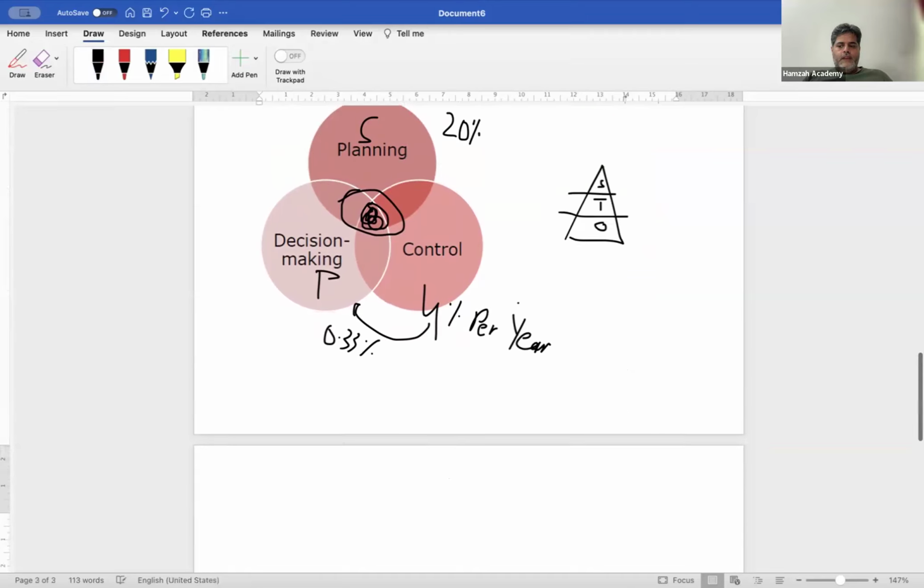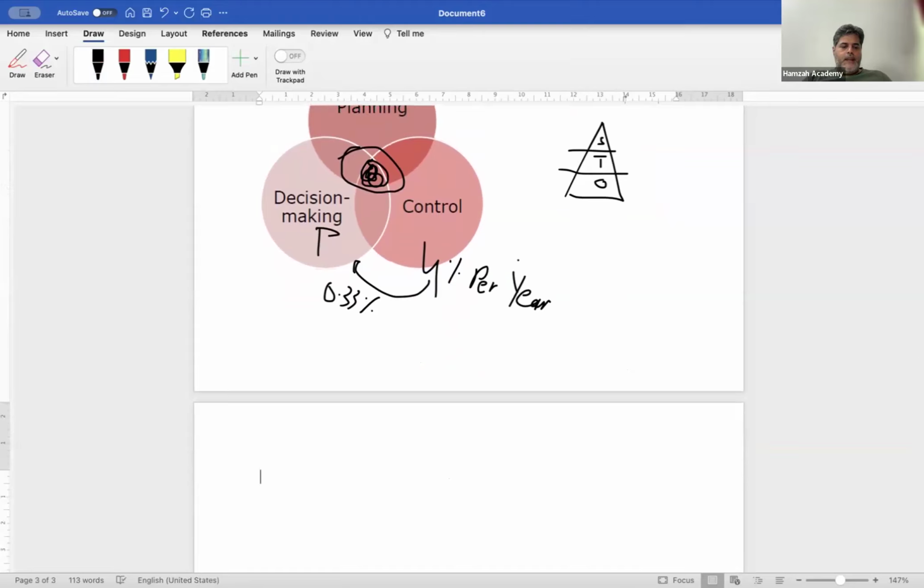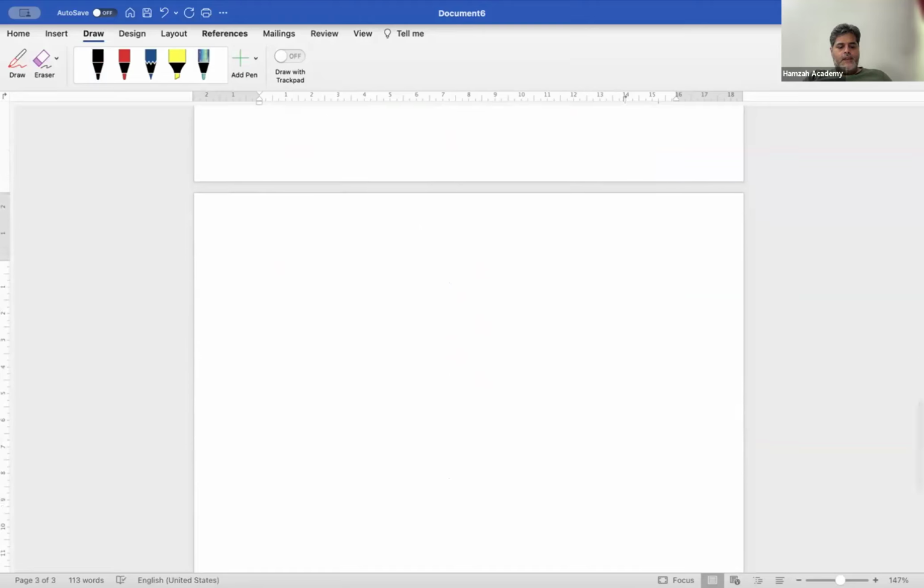Okay, then moving ahead, we have another thing, and that is called data and information. Data is basically raw. This is the raw collection of facts and figures.